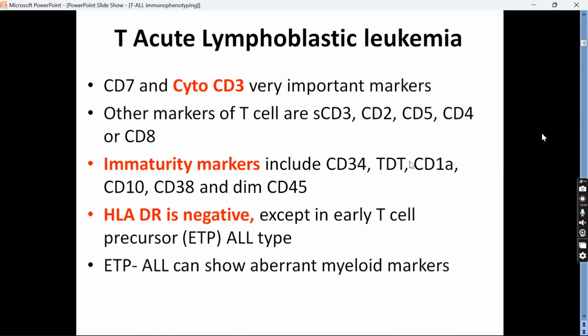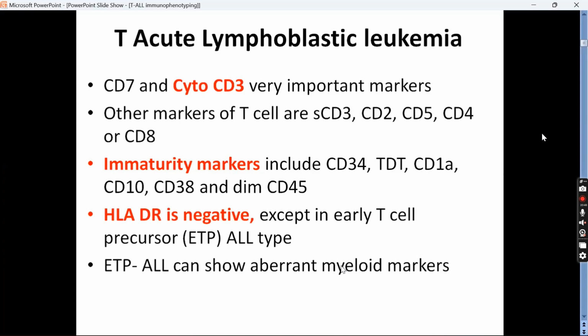Apart from that, I would suggest you come to a conclusion after seeing all the markers. ETP-ALL can show aberrant myeloid markers, so you should be very careful. You should not jump to a diagnosis of MPAL, T-myeloid.